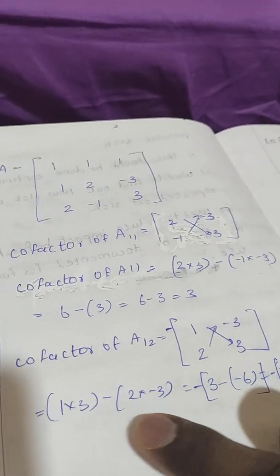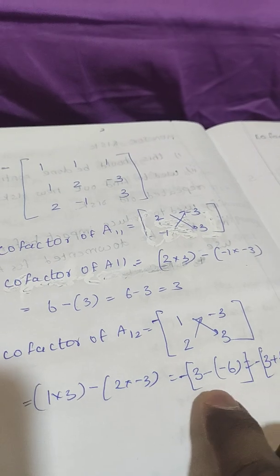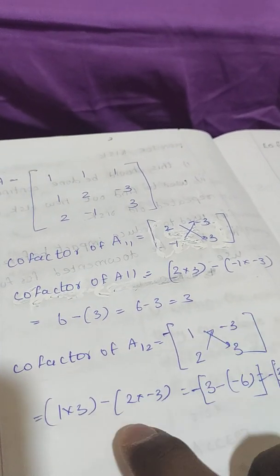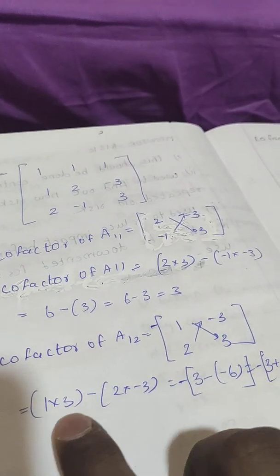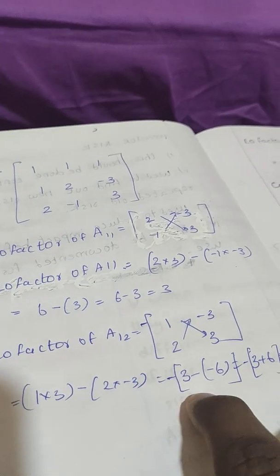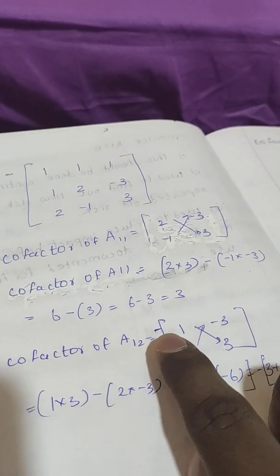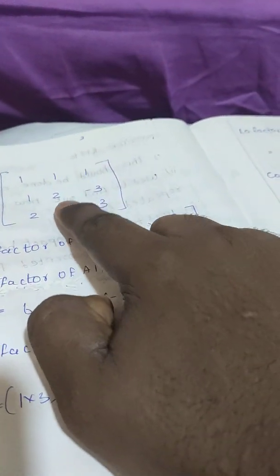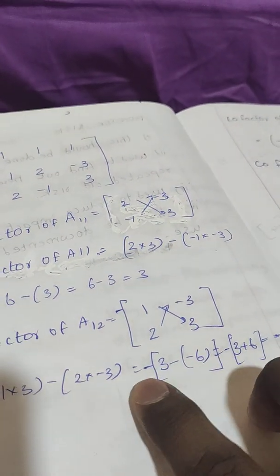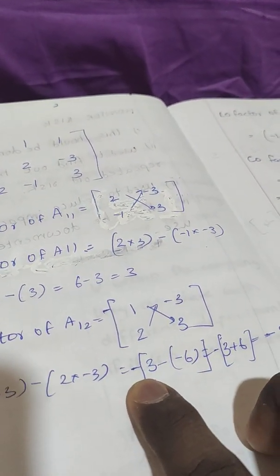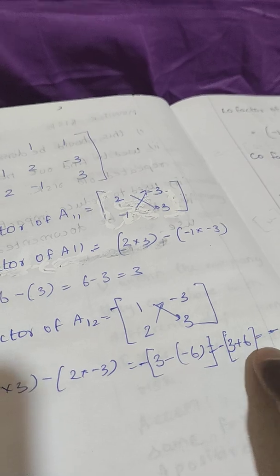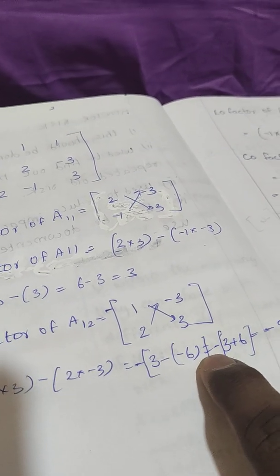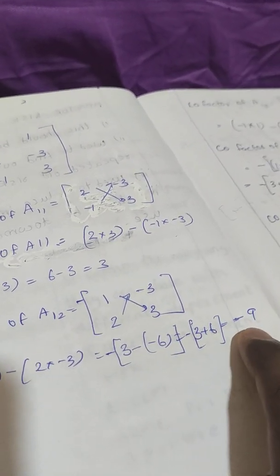Here 1 into 3 is 3, 2 into minus 3 is minus 6, and we have a minus in between. Since this is the second row and second column, we keep a minus sign. So 3 plus 6 is 9, and since we need to put a minus, it becomes minus 9. Hope you understood. Now the similar process will repeat for the other elements of the matrix.